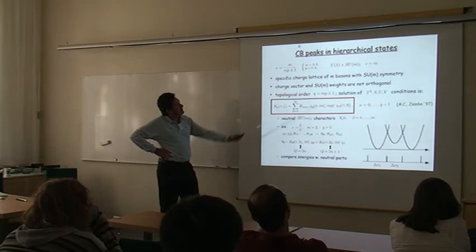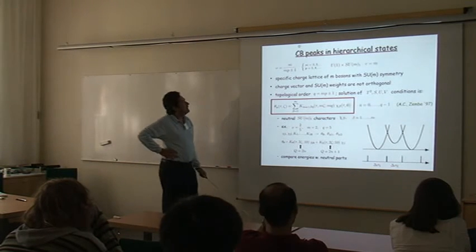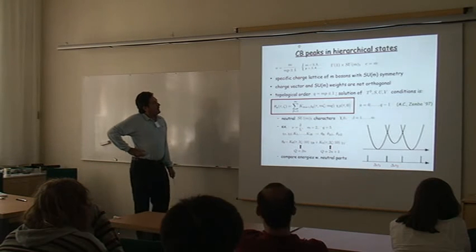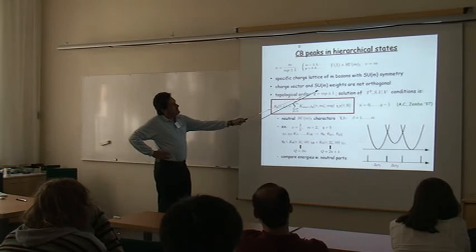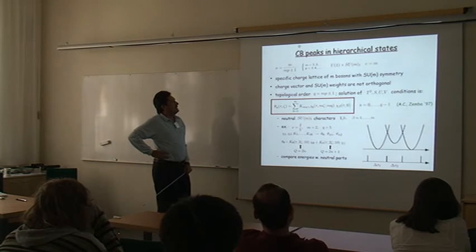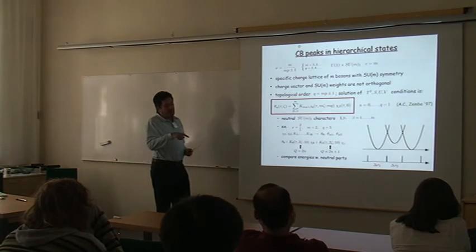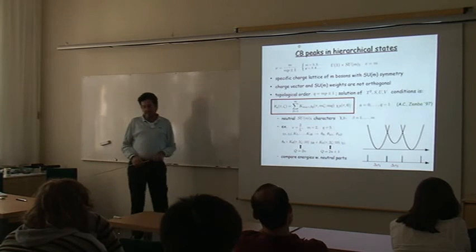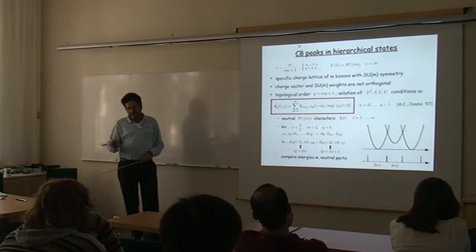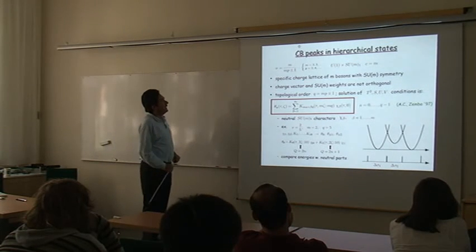So there are m bosons with SU(m) symmetry, the charge and the SU(m) weights are not orthogonal. That means that excitations are combined with charge and certain SU(m) weights together in a non-trivial way. So the excitation has a charge part and a neutral part that are tangled together.